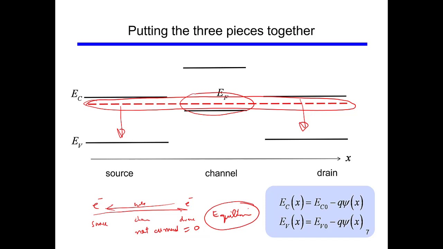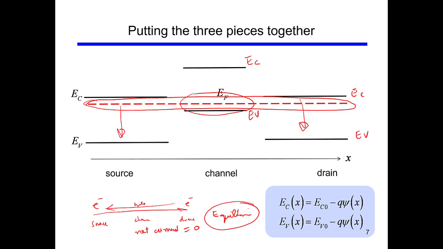So in order to align all three Fermi levels, the Fermi levels of source and drain have dropped, and that's why the conduction and the valence band of the channel have moved up.